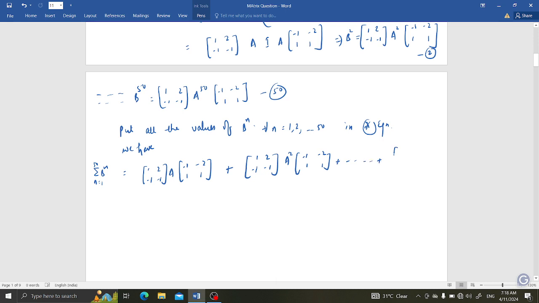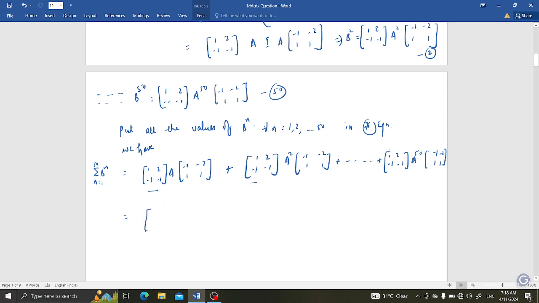Okay, and here we have 1, 2, minus 1, A raised to the power 50, minus 1, minus 2, 1, 1. Okay, now here what we can take, this first matrix is same.